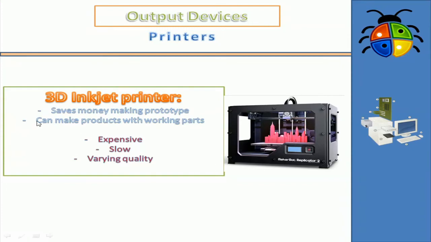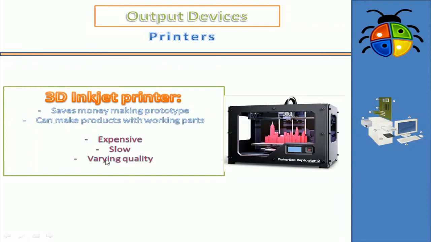I think the famous one is the gun that was made using a 3D printer. So you can make working parts with it. They are expensive, at least at the moment. Hopefully in the future they'll come up with more affordable ones. They're slow and they take a long time to make these things.